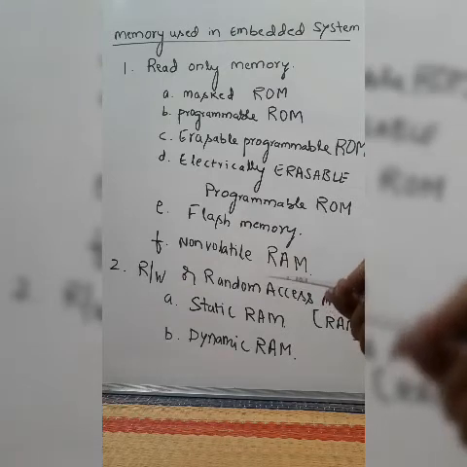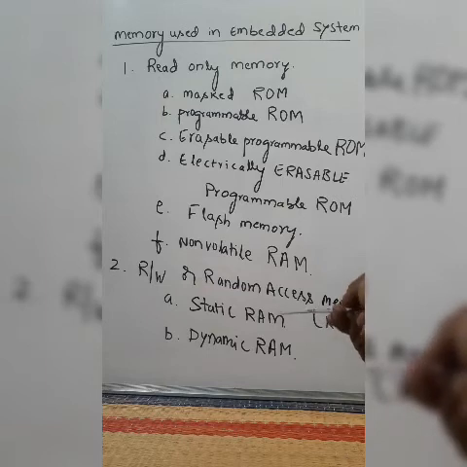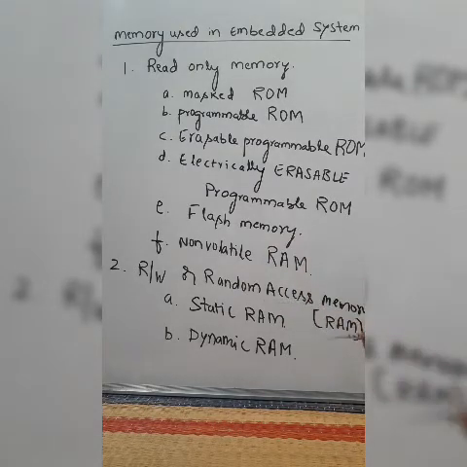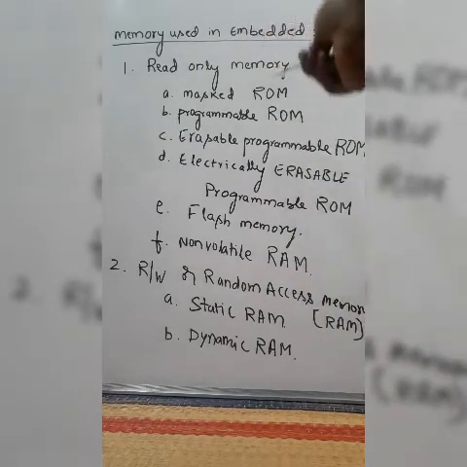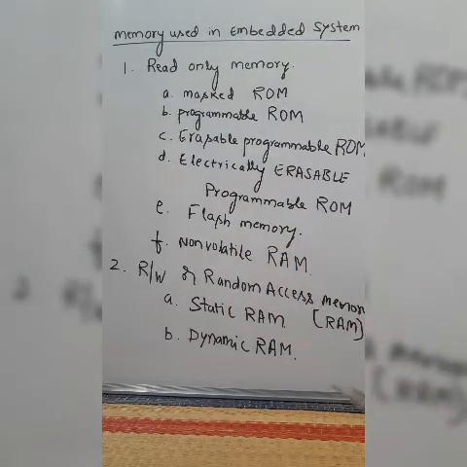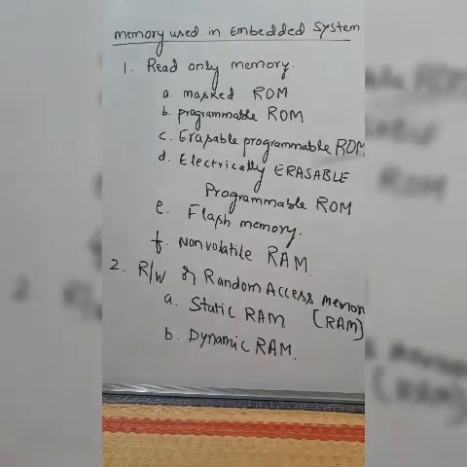Whereas the user can enter his variables and see the output developments in the read-write or random access memory. So mainly read-only memory and read-write memory are the two major types. First one among the read-only memory is the masked read-only memory.